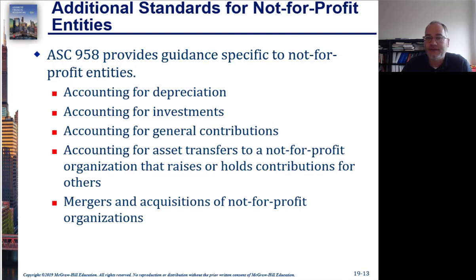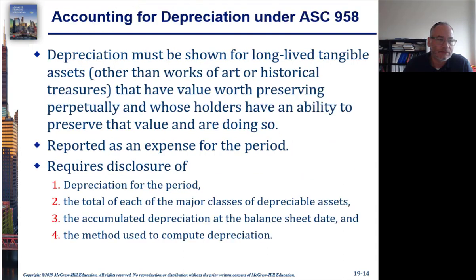And ASC 958 also has guidance on depreciation, investments, accounting for general contributions, and these were created to be as similar as possible to for-profit companies. Now, accounting for depreciation is recorded similar to a for-profit company.